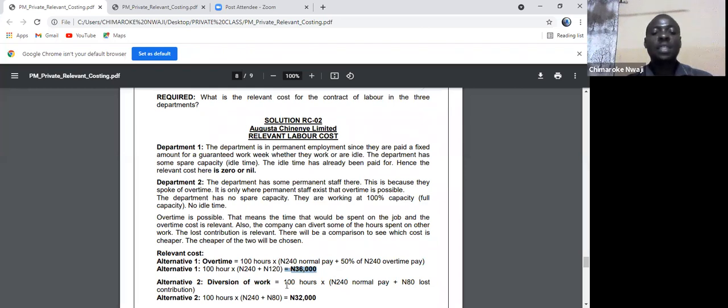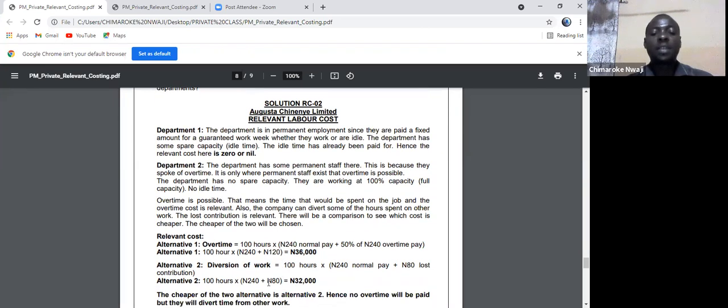So 80 naira, which is the lost contribution, plus the normal 240 that you're going to pay them, because you're going to pay the workforce for doing that job 240 naira. So even though they are permanent staff, because you have diverted them from their normal job and given them this job, it's as good as you have recruited them to do the job.